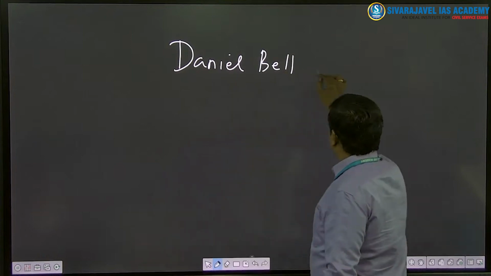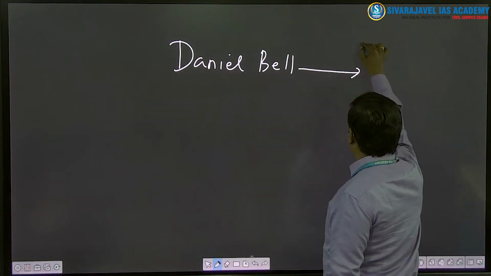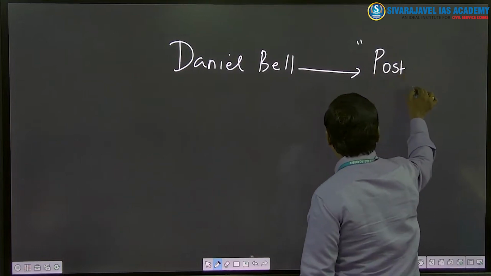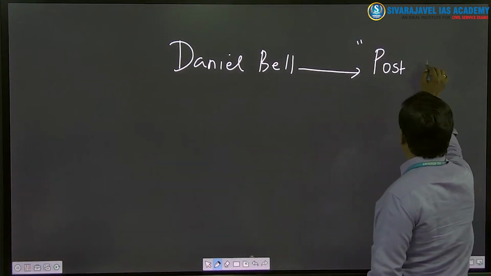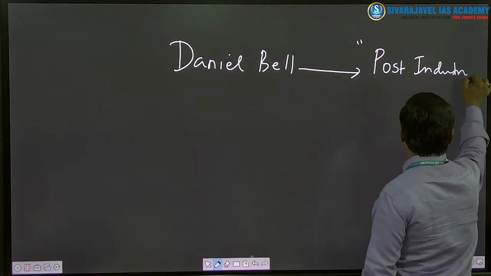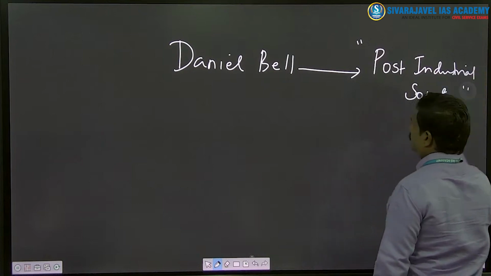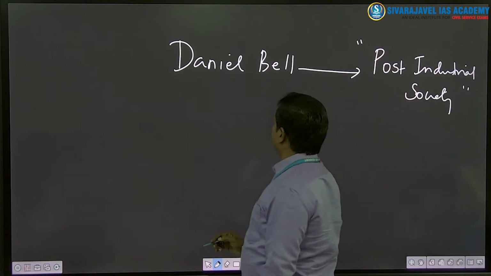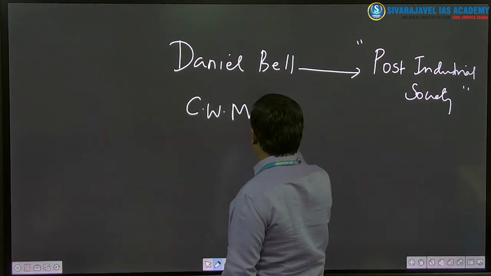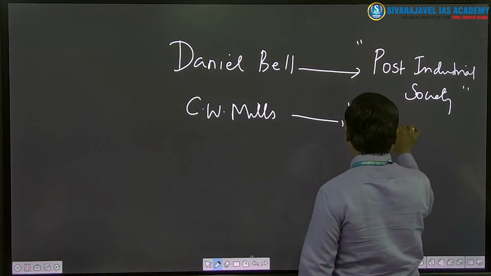He gives the concept of post-industrial society. C. Wright Mills uses the concept of post-modern society.